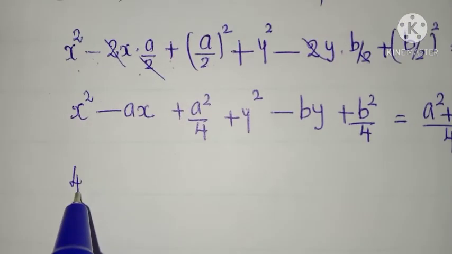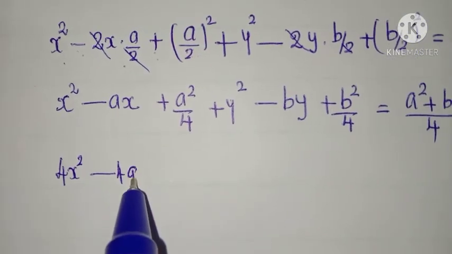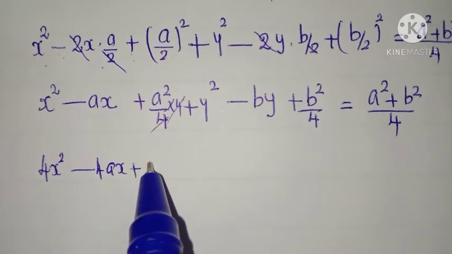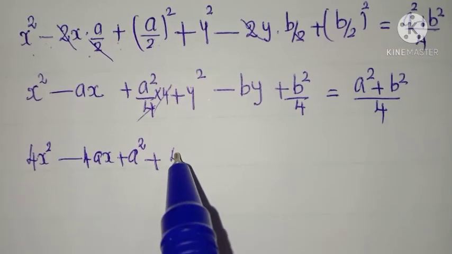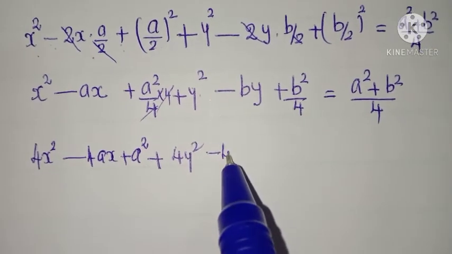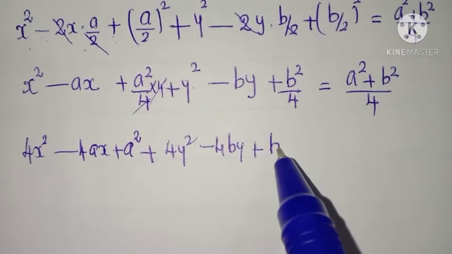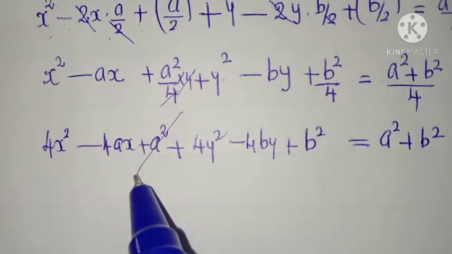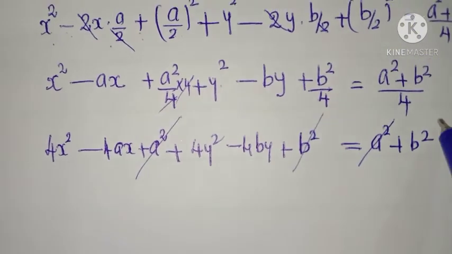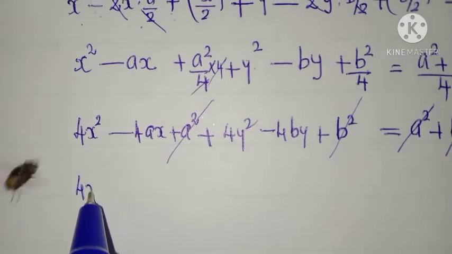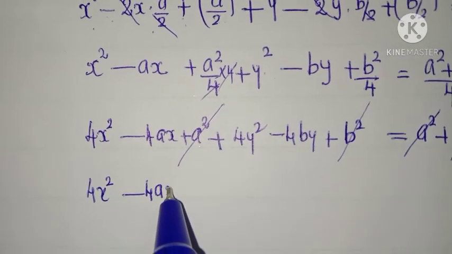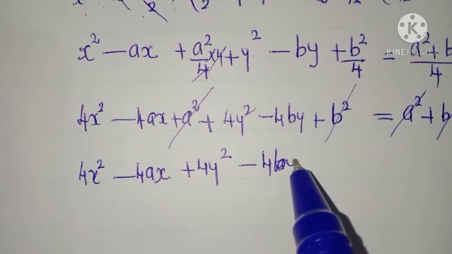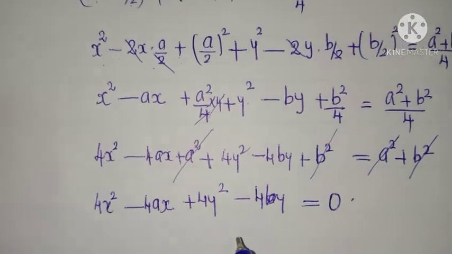So this becomes 4x square minus 4ax. On multiplying with 4 we can cancel these 4. So this reduces to a square plus 4y square minus 4by plus b square is equal to a square plus b square. Here we can cancel the like terms a square and b square. Remaining terms are 4x square minus 4ax plus 4y square minus 4by is equal to 0.